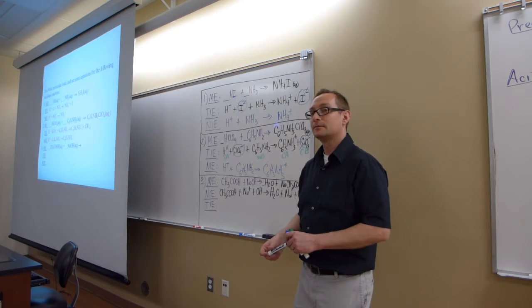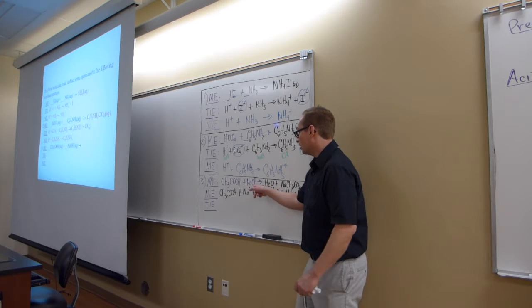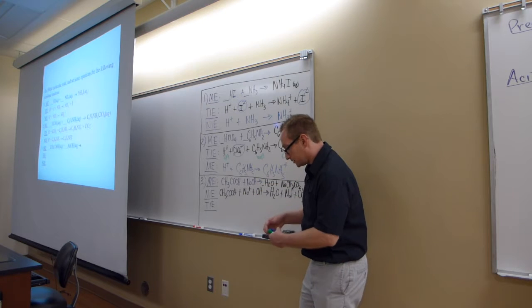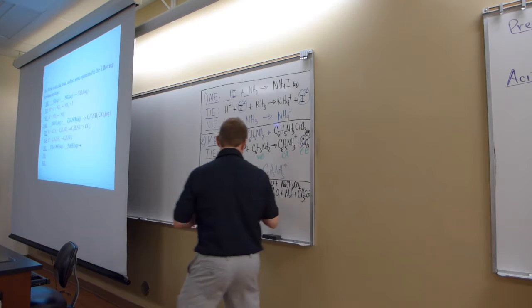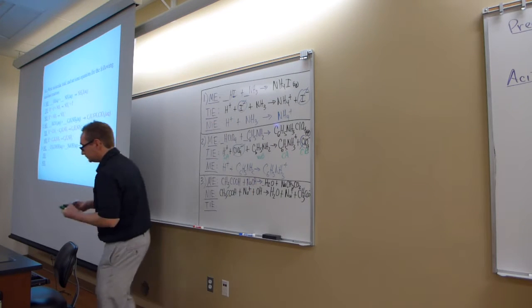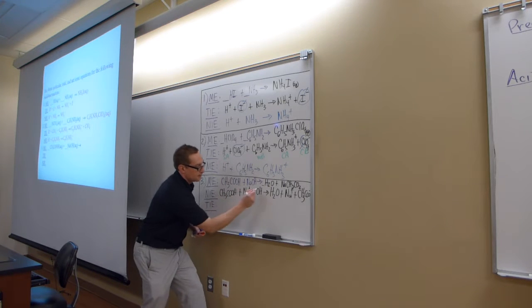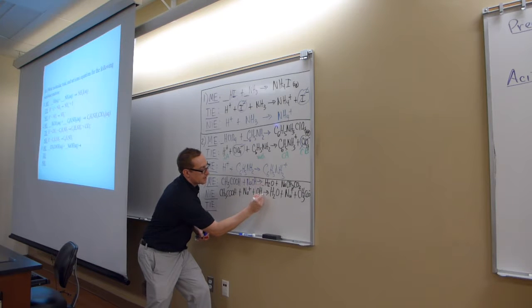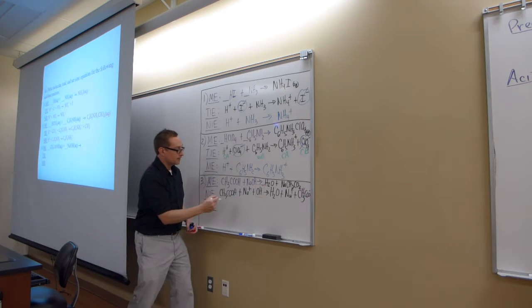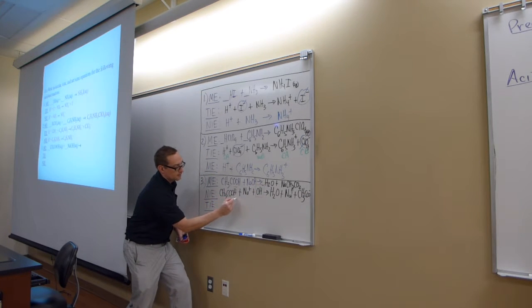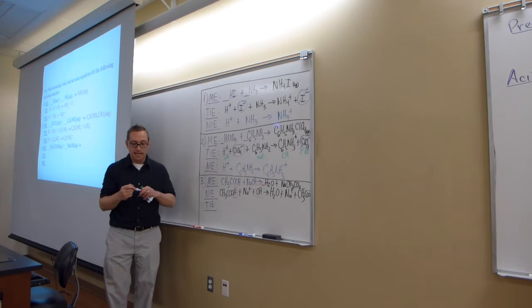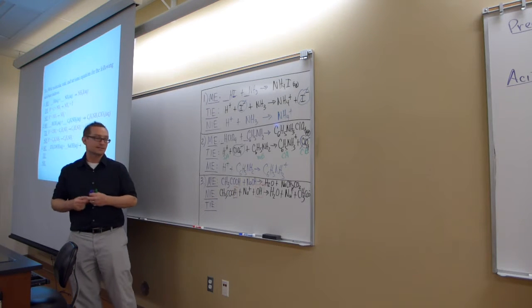Where does the H2O come from? Good question. The H2O comes from the fact that this hydroxide, this OH negative, steals away this lone H plus dangling there on the acetic acid.